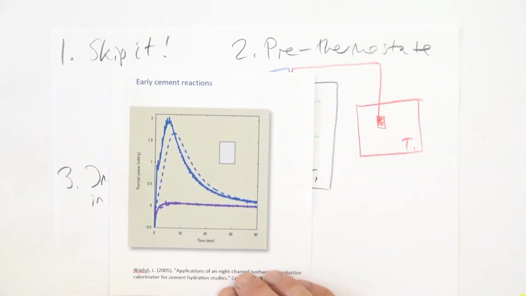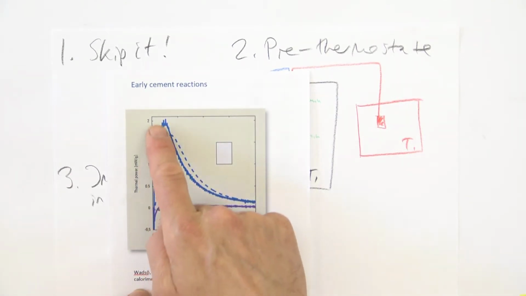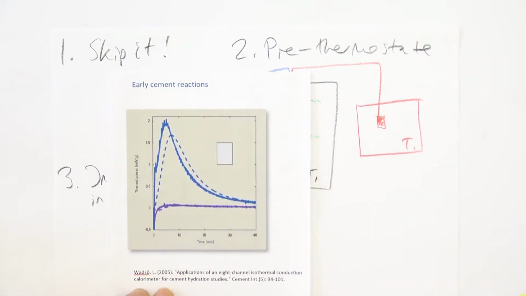This is a cement hydration measurement, and if you look at the time scale here, it says 0, 10, 20 minutes, and this blue peak, for example, peaks after 5 minutes, and it's not possible to do a measurement like this by mixing cement and water on the bench, charging into the vial, putting the vial into the calorimeter. No, because then you get 30 or even more minutes of initial disturbance with no signal that you can evaluate.